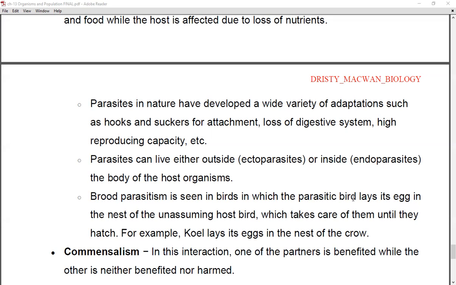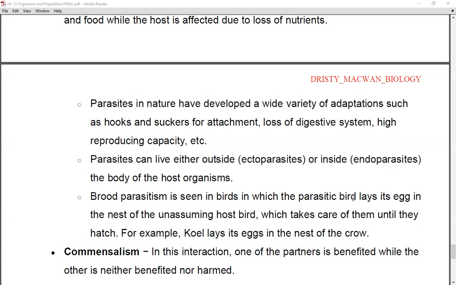The parasitic bird, that is the koel, lays its eggs inside the nest of the crow, but the crow does not know that this egg is of the koel, right? So the crows are responsible for taking care of those eggs, and when the eggs hatch, they give rise to the koel.